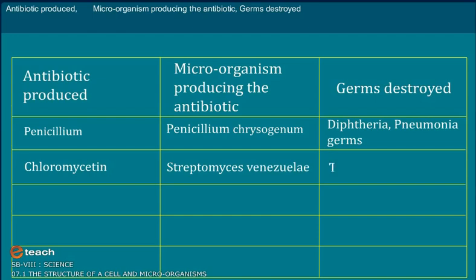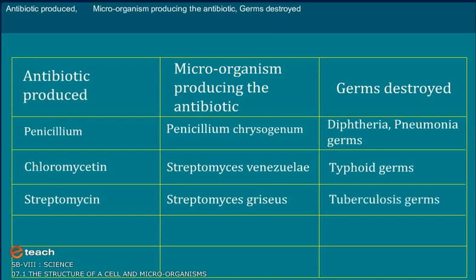Antibiotic produced: streptomycin. Microorganism producing streptomycin: Streptomyces griseus. Germs destroyed: tuberculosis germs. Antibiotic produced: tetracycline.